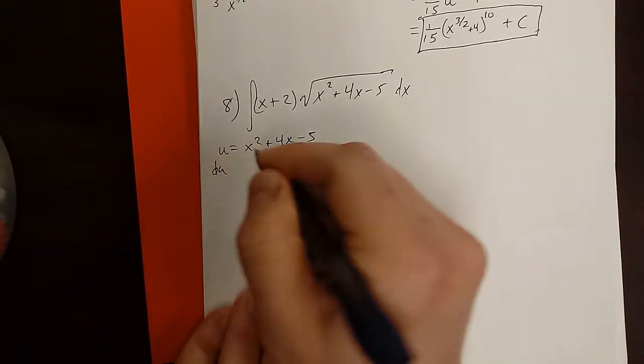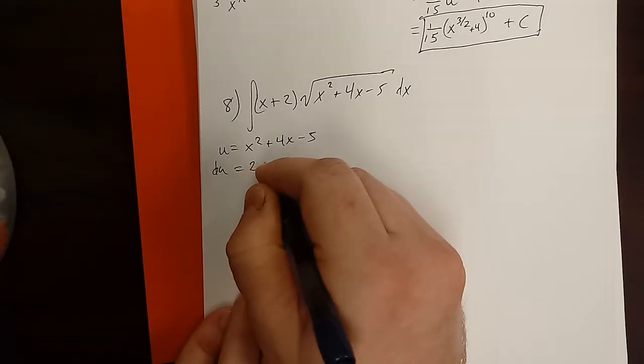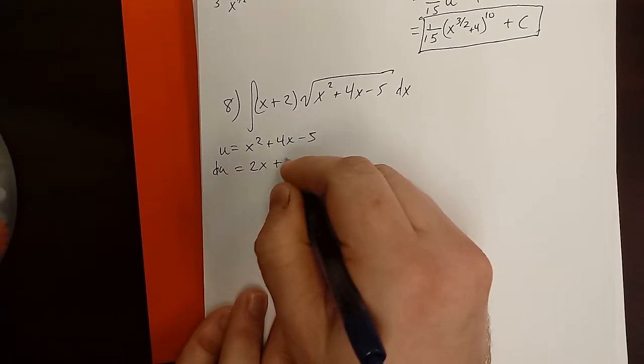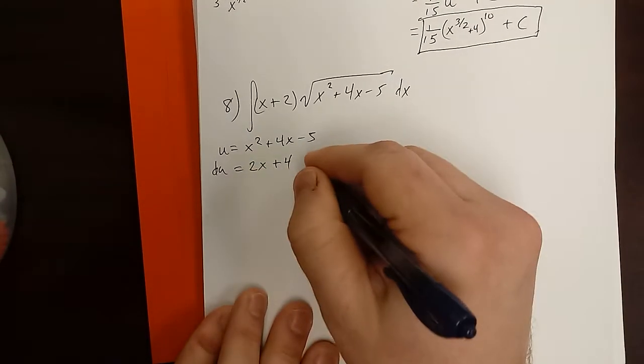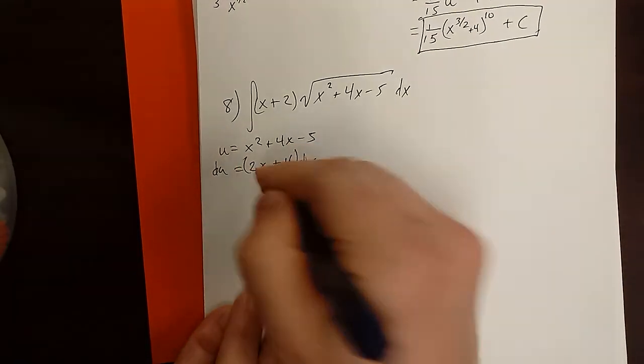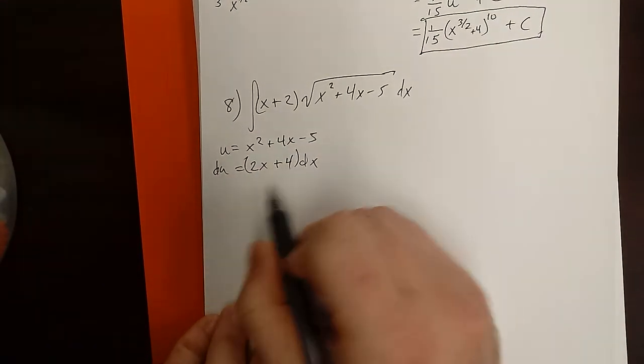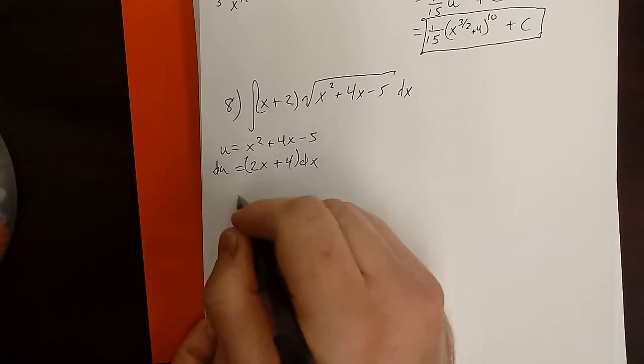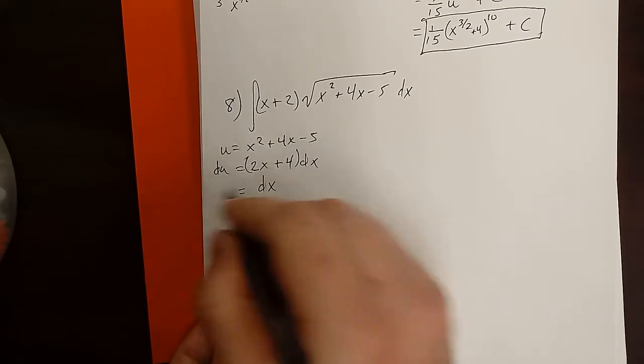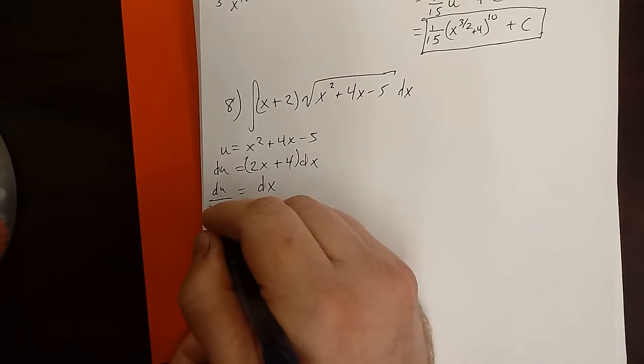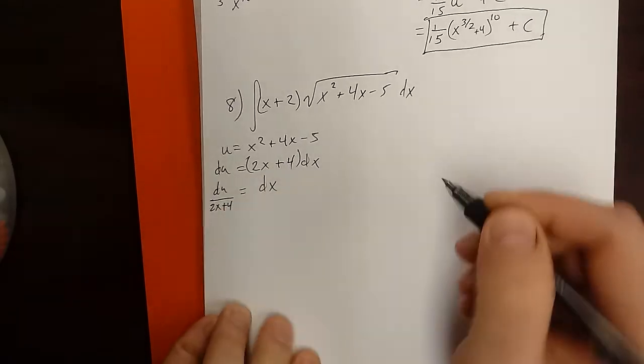So then our du is going to be equal to 2x plus 4, and then I'll bring the dx over to the other side. So in order to get dx by itself, I'll have to divide by this mess, and dx is equal to du over 2x plus 4.